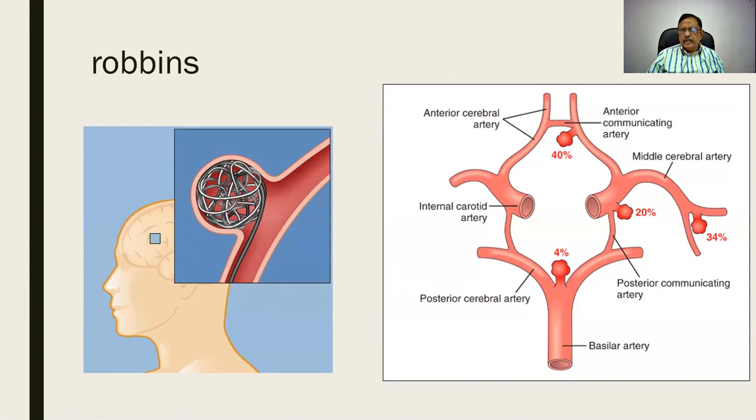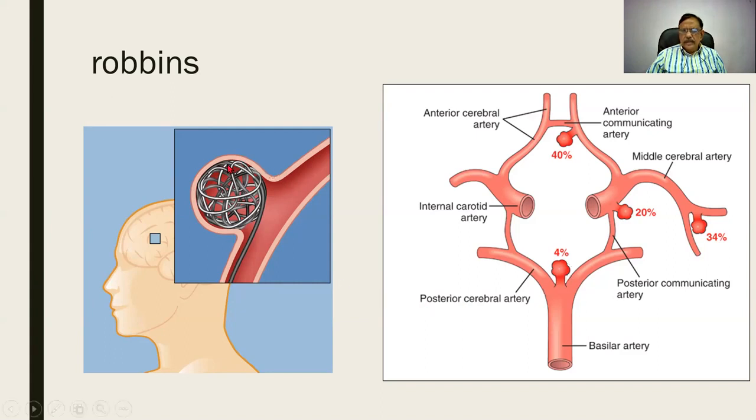That is why it is called a congenital berry aneurysm. It is not manifest in children, but as the patient grows, there is an increase in the blood pressure, which leads to dilatation. So this is called the berry aneurysm.